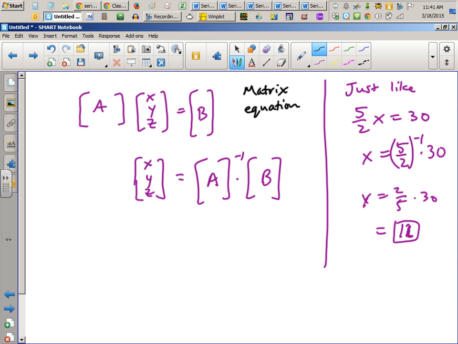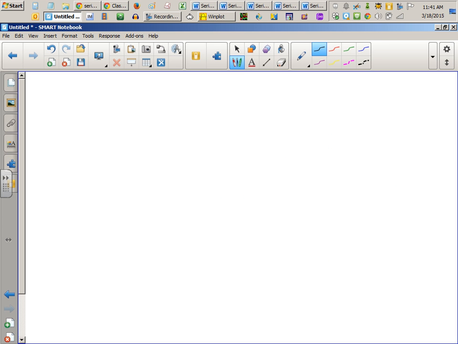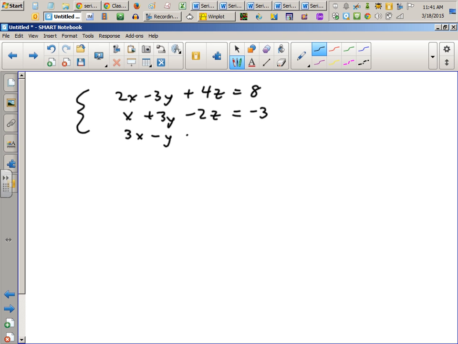All right, so here is our original problem. 2x minus 3y plus 4z equals 8. X plus 3y minus 2z equals negative 3. 3x minus y plus z is negative 1. You recall? Go ahead, please, and write the matrix equation version.